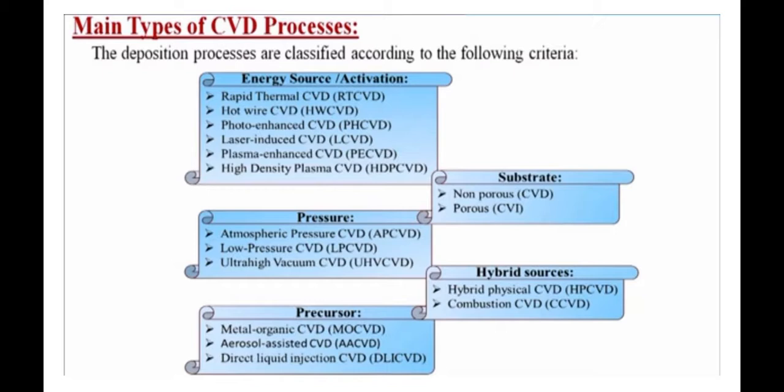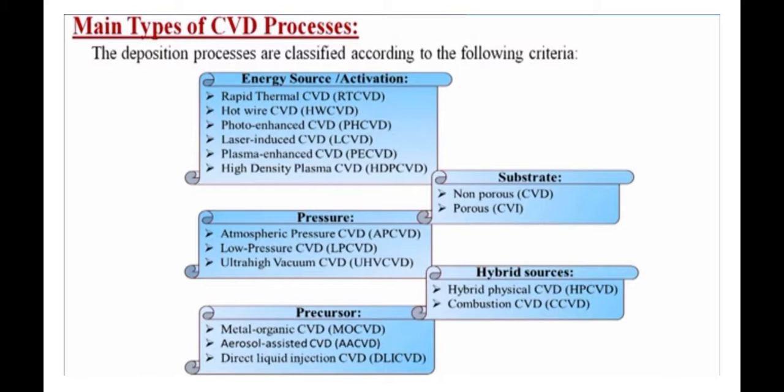Just to generalize the classification and make it simpler so that the viewer can get it easily. It is totally our principle or logic to classify this CVD technique into different kinds.